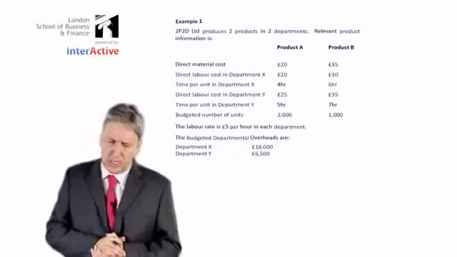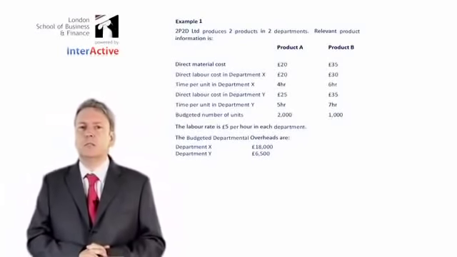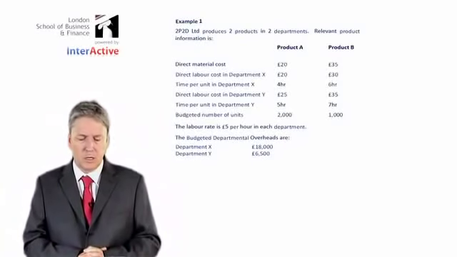I'm only interested in it in passing because it may impact on other topics that we're dealing with. So we've got 2P2D, which produces two products in two departments, and it has the following relevant product information.